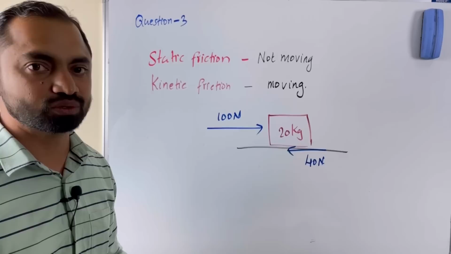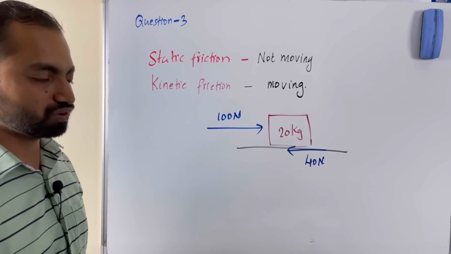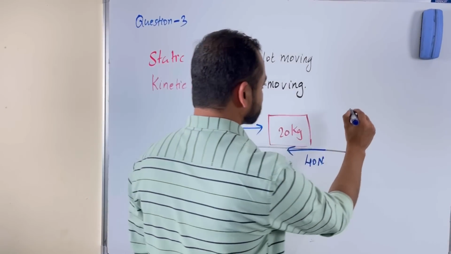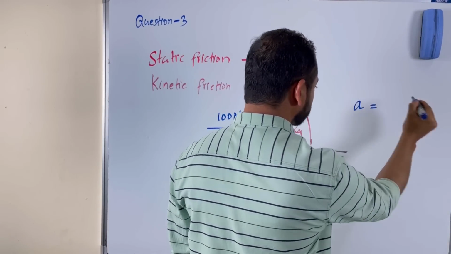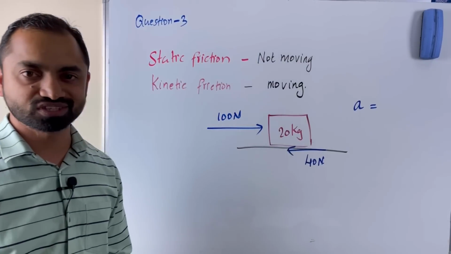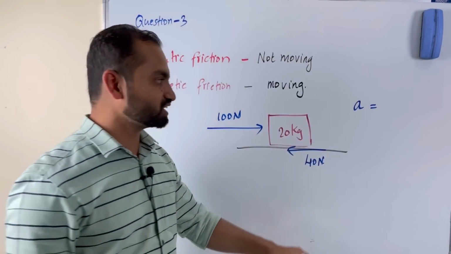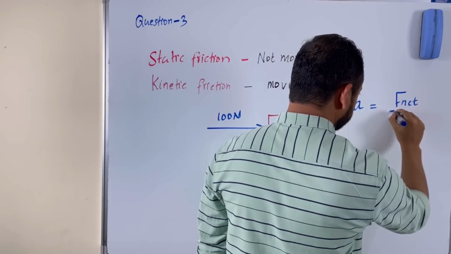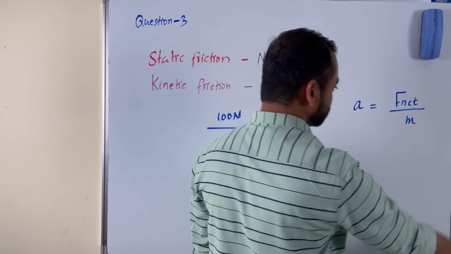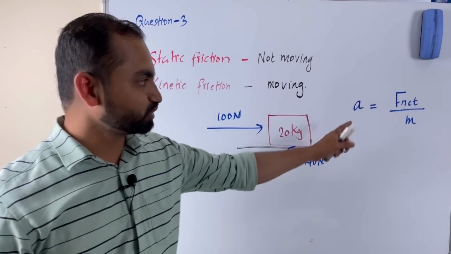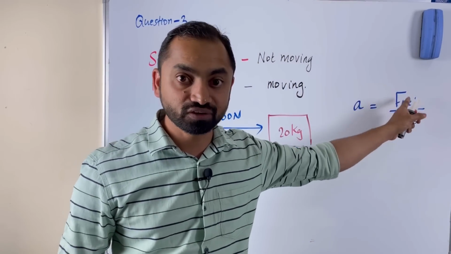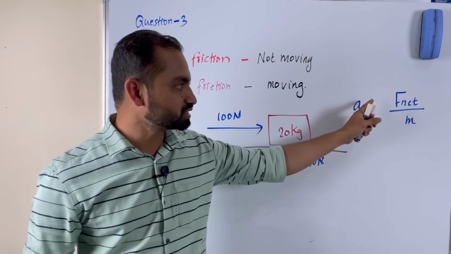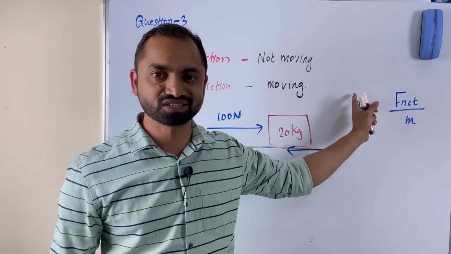So how to calculate the acceleration of the block? To calculate the acceleration of the block, we have Newton's second law. What is Newton's second law? Newton's second law states that the acceleration of an object is equal to the net force acting on the object divided by the mass of the object. A equals F net over m. What is A? A is the acceleration. What is F net?